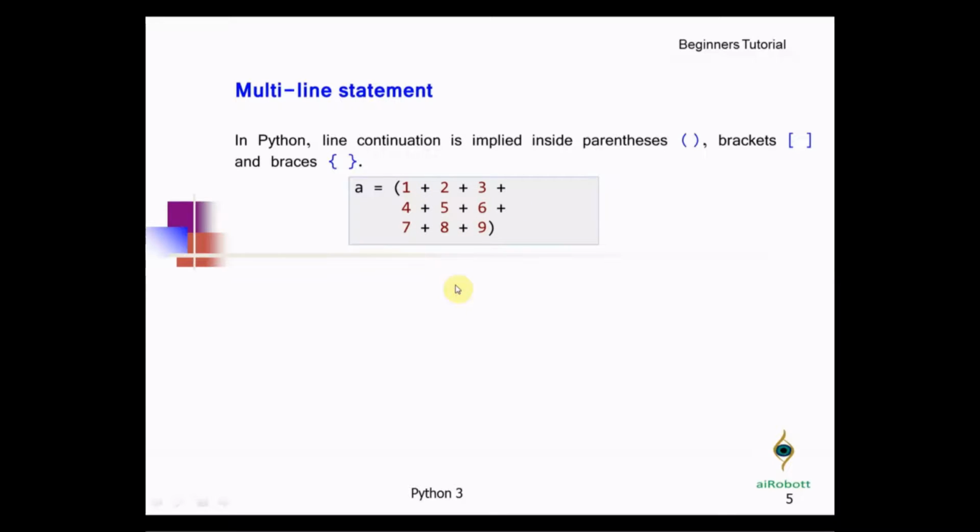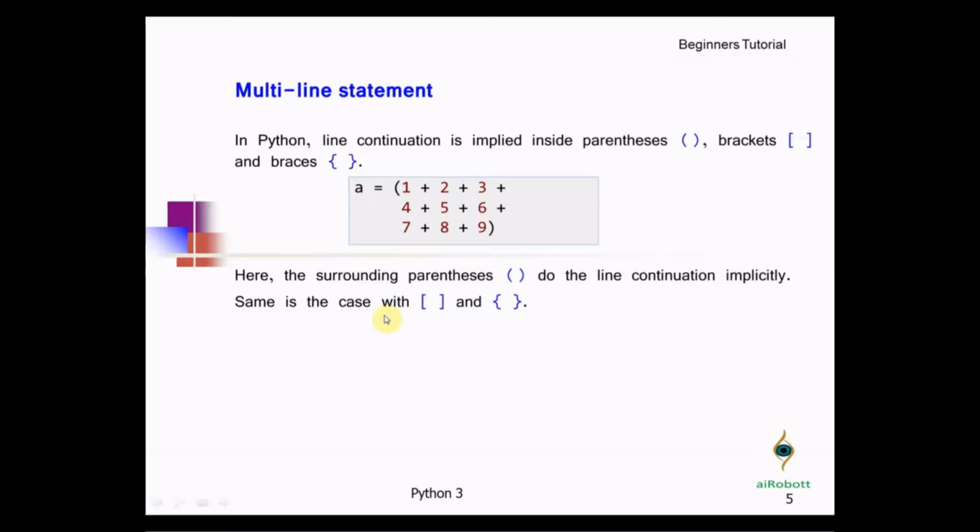Here the surrounding parentheses do the line continuation implicitly. Similarly, square brackets and curly braces also do the same thing.